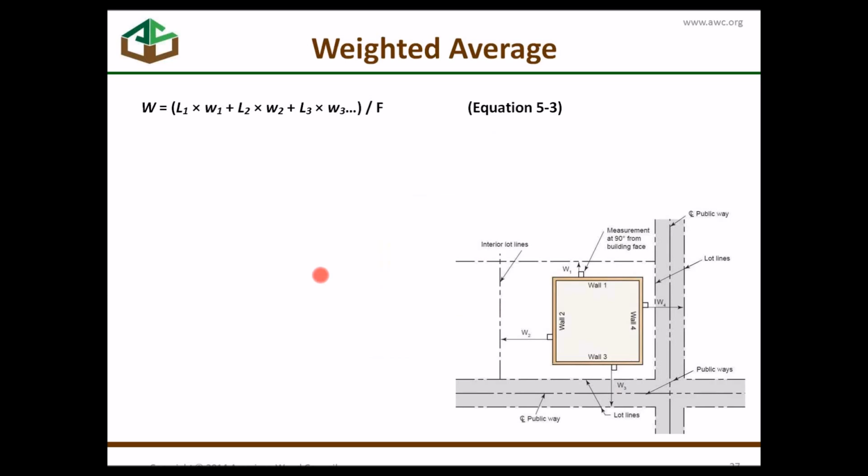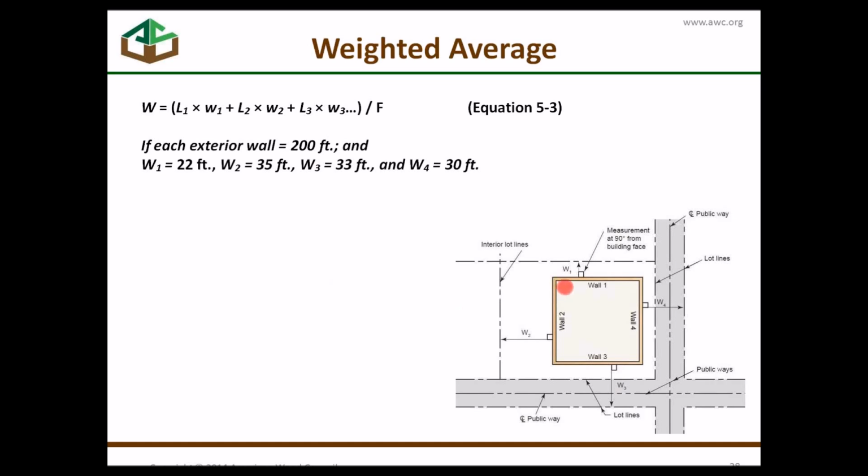Here's a basic equation for weighted average. And let's say that W1 here is 22 feet, W2 is 35, 33 down here, and 30 over here. How do we calculate this? Well, here's the calculation. If our building is square with 200 feet on a side, that was given to us up here, then the equation looks like this: 200 times 22.